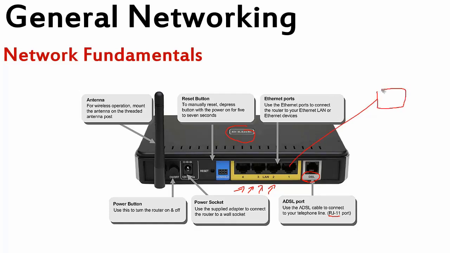Of course, again, you can take a switch. That will give you more ports if you need. Then we have a reset button, which allows you to go back to the settings that D-Link put on it. Easy. Power button, power connection.